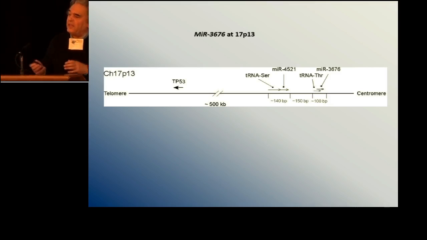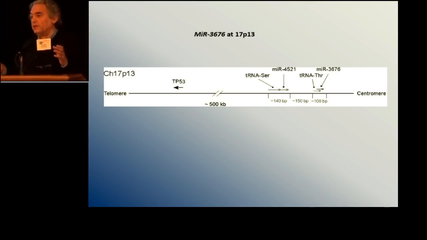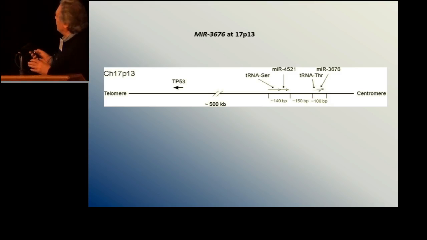And there is always, or almost always, a co-deletion of p53 with MIR3676. So in this place, at 500 kilobases from p53, there are 2 microRNA, 3676 and 4521.